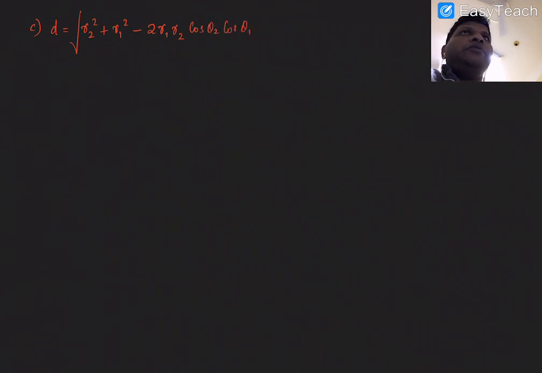In spherical coordinates, the distance between the points is given as d equal to the square root of r2 square plus r1 square minus 2 times r1 r2 into cosine of theta 2 into cosine of theta 1 minus 2 times r1 r2 into sine of theta 2 into sine of theta 1 into cosine of (phi 2 minus phi 1).